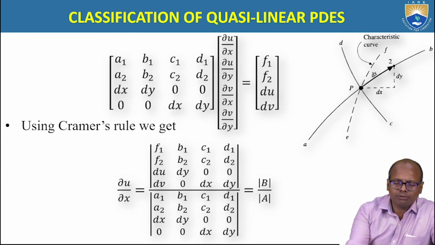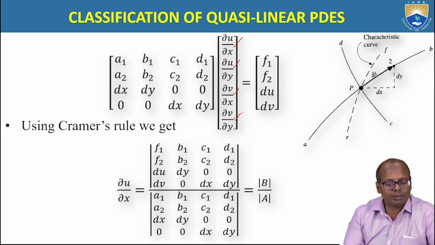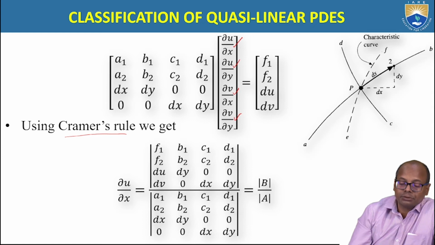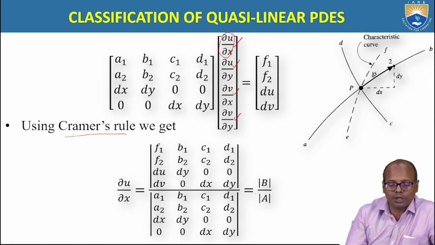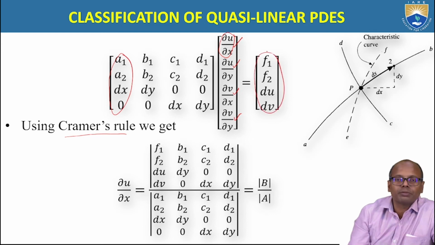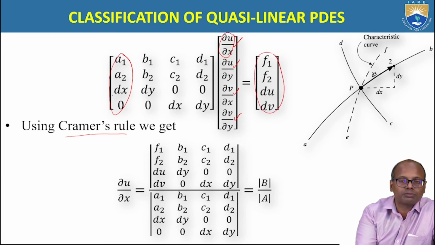Now I can find out the values of ∂u/∂x, ∂u/∂y, ∂v/∂x, ∂v/∂y using Cramer's rule. What is this Cramer's rule? Cramer's rule says that if I want to find the value of ∂u/∂x, the first column I have to replace with this column vector, find the determinant of this, and divide it by the determinant of the coefficient matrix.